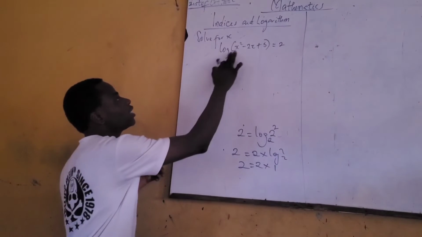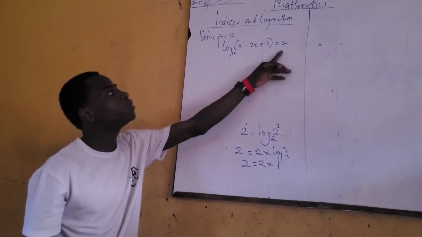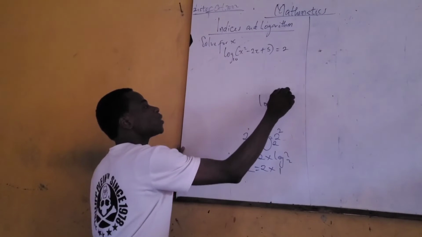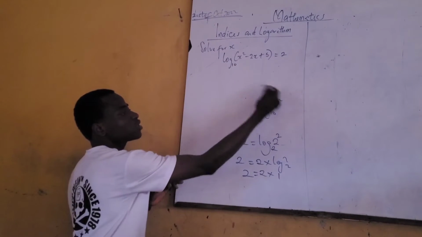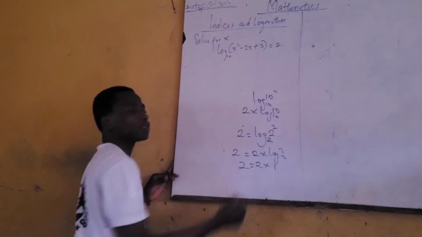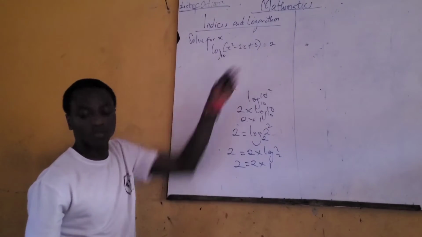If I'm having log 10 here, it will be log 10 base 10 raised to power 2. If I bring this 2 to this side, it becomes 2 times log 10 base 10, so 2 times 1, which gives me 2.